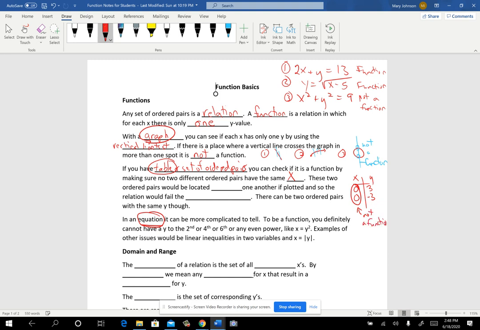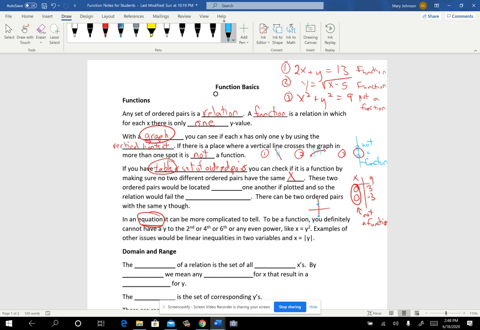But when I'm thinking about why that's not a function, I kind of relate it back to the vertical line test. Okay, if we were to plot (0, 3) and (0, -3), they would line up above one another.